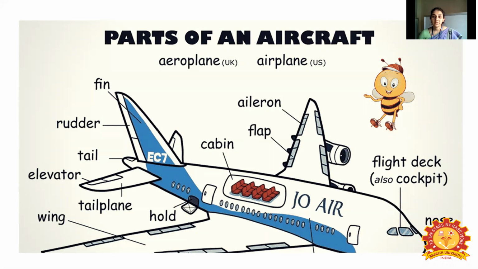Starting from the technical term, aeroplane is used in British English, and airplane is used in American English. Since in India we follow the British system, we normally use the word aeroplane. So that is another name for the aircraft. And here you have fin, rudder, tail, elevator, tailplane.